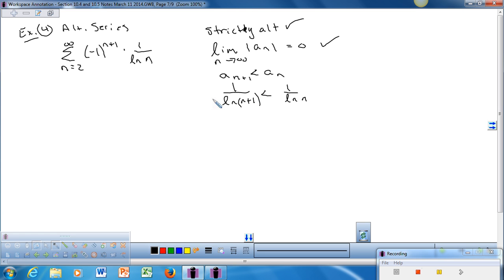It will, so we need to show a little bit more, and what we can show is that the natural log of n plus 1 is always greater than the natural log of n, correct? As we move further to the right, the y value is going to be higher for the n plus 1 term. Well, if this is greater than that, then 1 over the natural log of n plus 1 will be less than 1 over the natural log of n. So this shows that we are decreasing in absolute value.